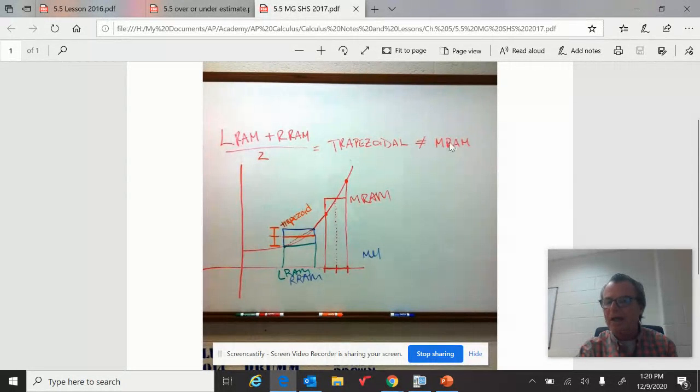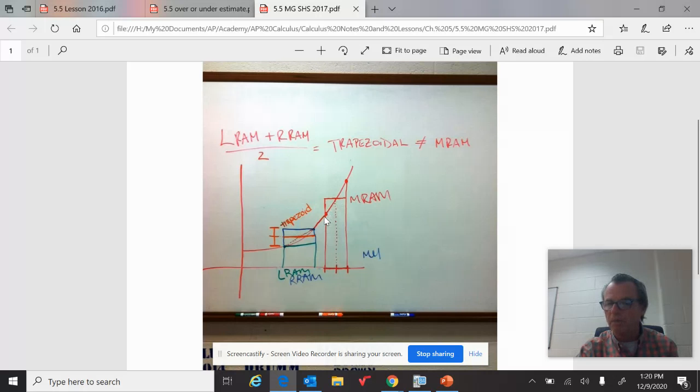So in the picture, you can see the reason this does work for the trapezoidal approximation is because it's the average of the outputs, the heights, whereas MRAM is based on the input. So the input is halfway between these two, but the output, because you have a curve, unless it was a linear function, the output's not going to be halfway between those two outputs.